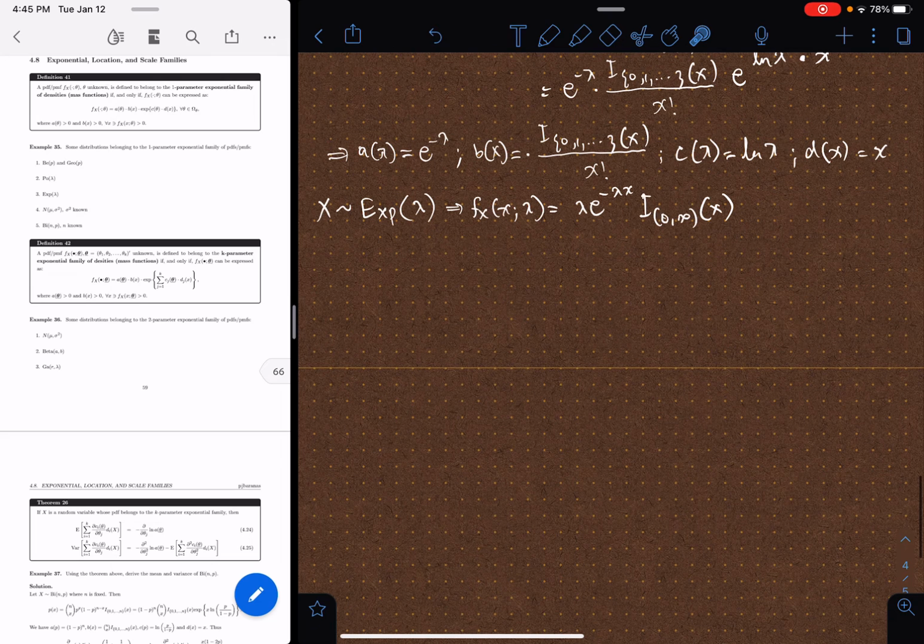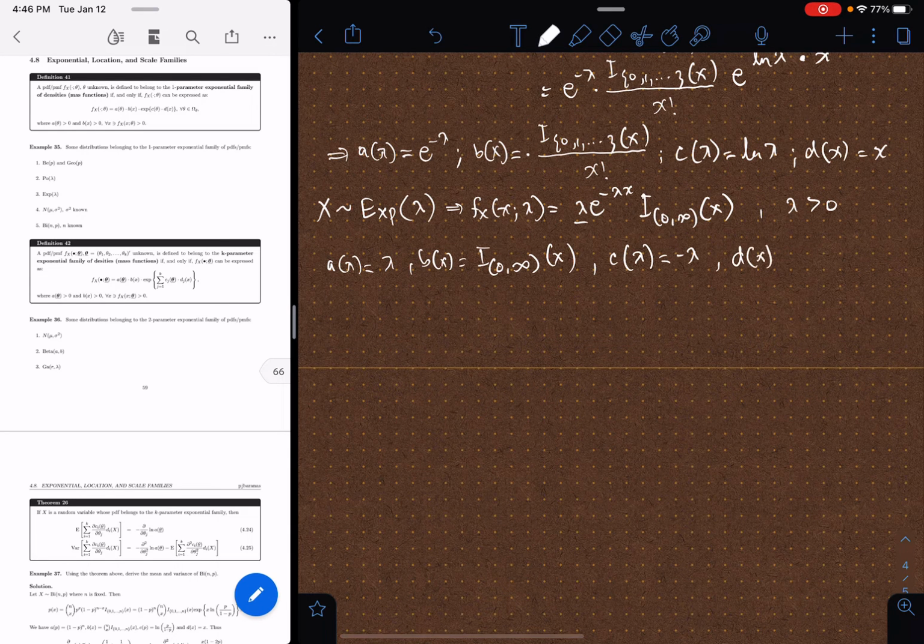So, in that case, ano yung a lambda natin dito? Ang a lambda natin is itong lambda. Of course, that's positive. Yan yung requirement sa exponential eh. Lambda is greater than 0. Ang b of x natin is yung indicator function. Tapos, yung c of lambda natin is pwedeng negative lambda. And then, yung d of x natin is x.